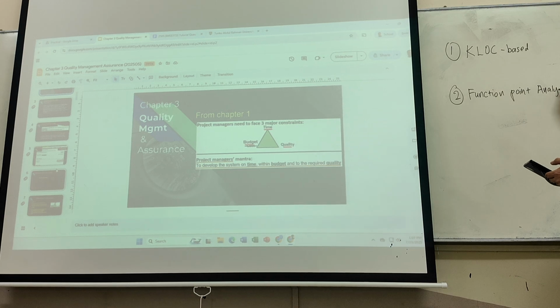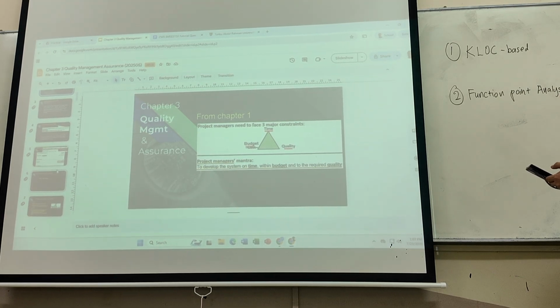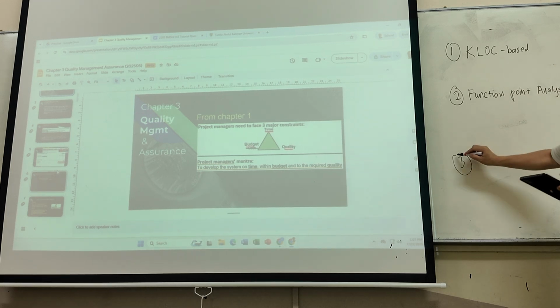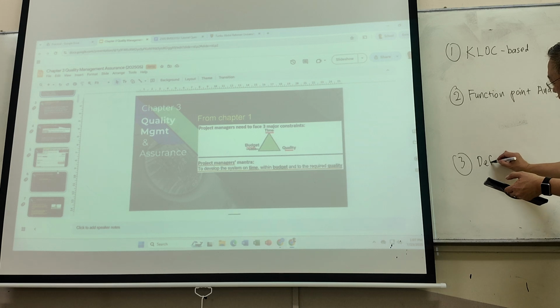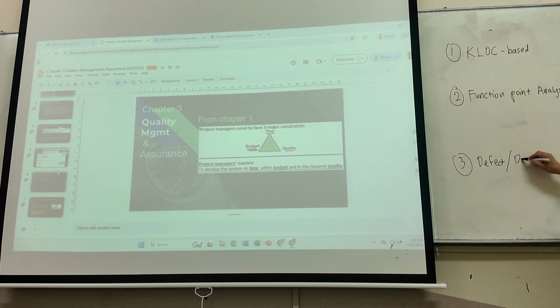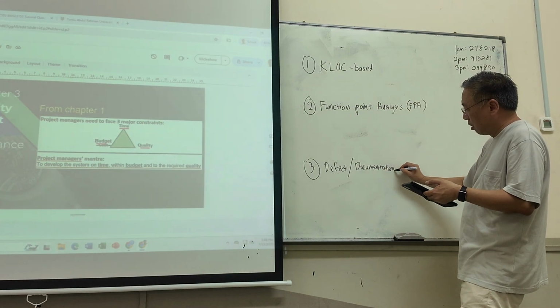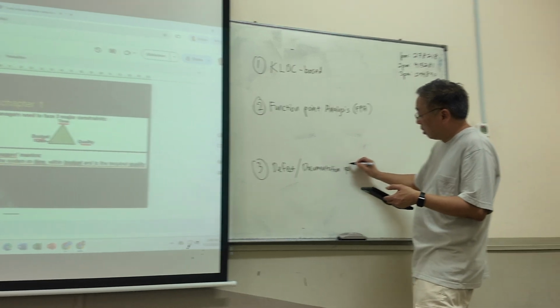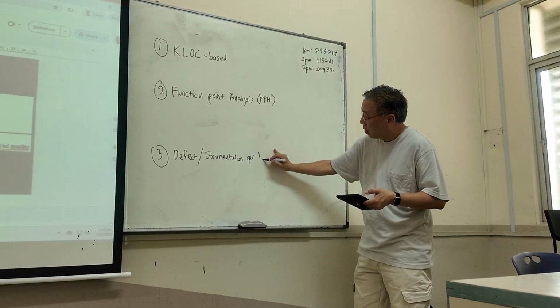They call it FPA, right? And the third type of calculation, there's no special name, but they calculate the defects and the documentation per function point base.